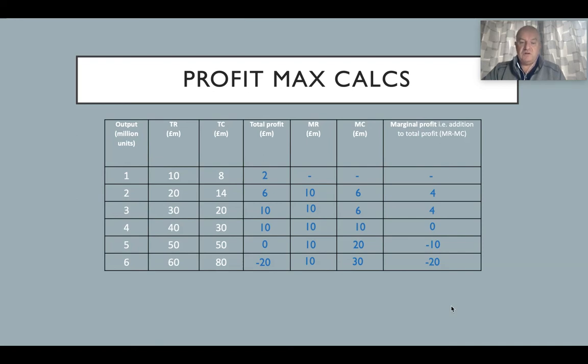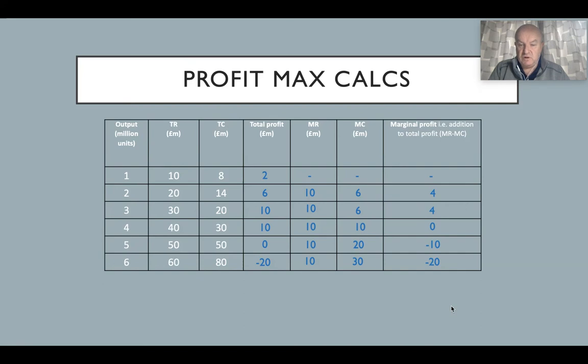For as long as the marginal revenue is higher than the marginal cost, then a profit maximizing firm will carry on producing, because even if it's just a small amount that the marginal revenue is higher than the marginal cost, that is a small amount of profit that is being achieved on each of the extra units that you're producing.